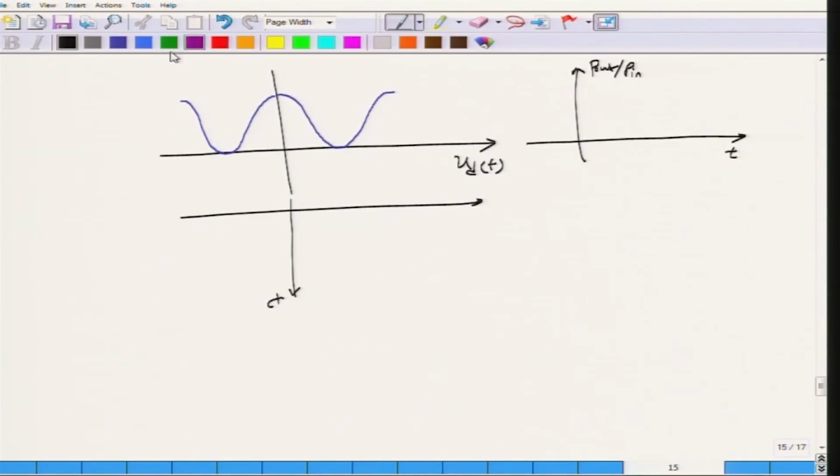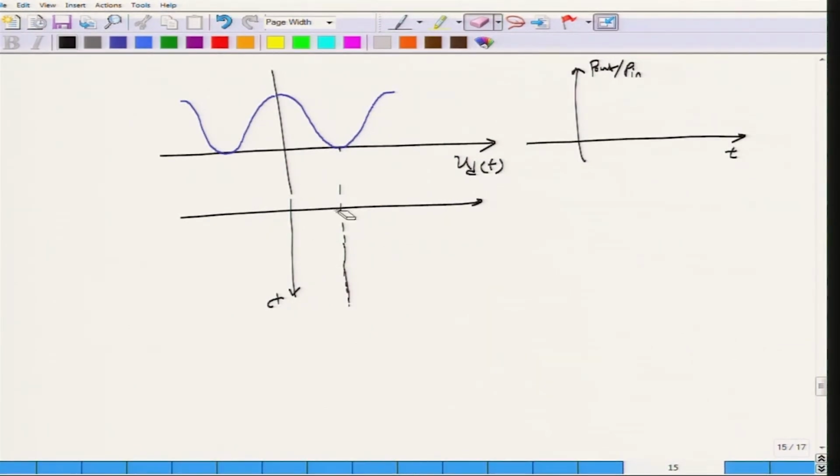I now consider my modulating signal in this fashion. So this is going all the way to, okay, 1 second.